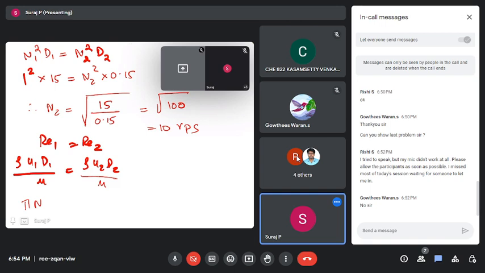So in this case, we are asked to calculate the shear stress, and they have given the diameter of the pipe and the length of the pipe.